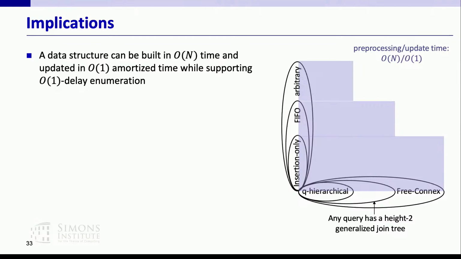We are interested in constant delay, and we want a data structure that can be built in linear preprocessing time and updated in constant amortized time. If we don't have any restriction on the update sequence, then the query can have such a data structure if and only if it has a height one generalized join tree, or it is Q-hierarchical.